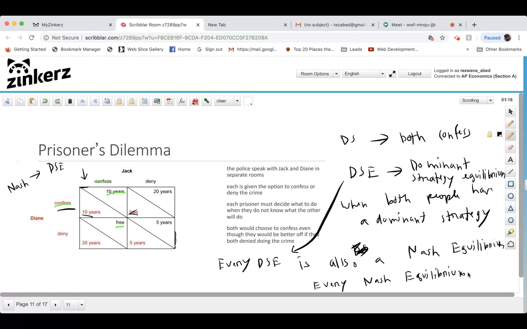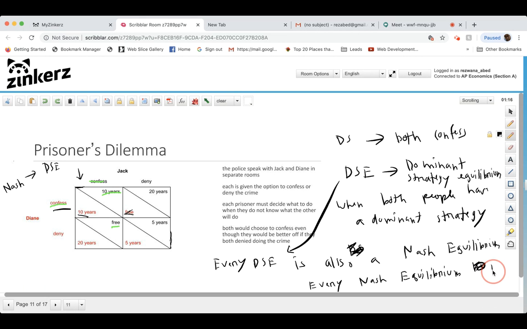We had a Nash equilibrium, but not a dominant strategy equilibrium. DSE is always Nash, but Nash isn't always DSE. That's correct. So every dominant strategy equilibrium is going to be a Nash equilibrium. But remember here what we saw.